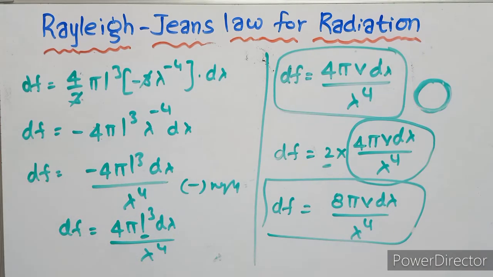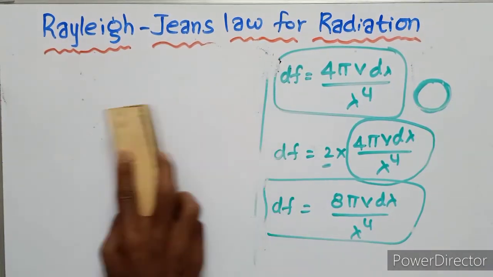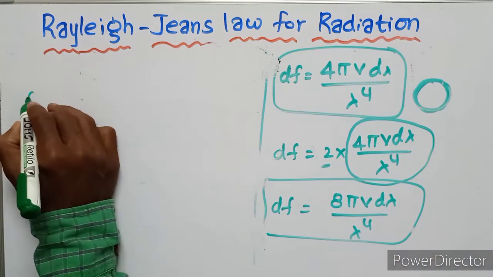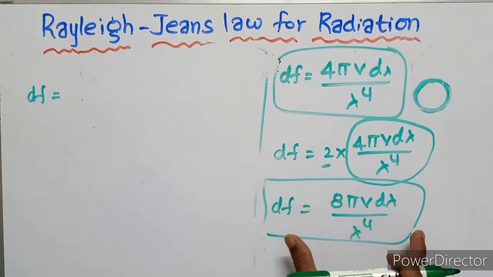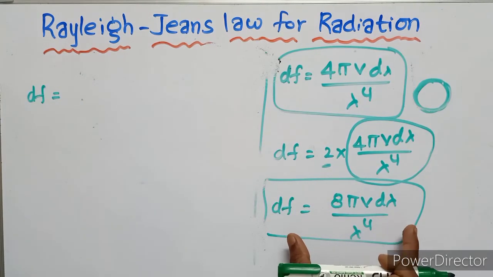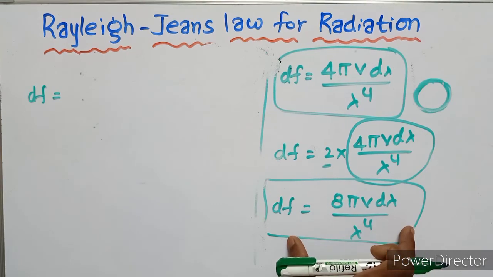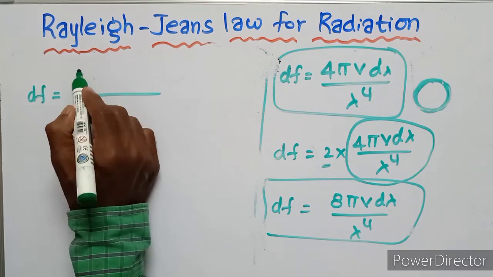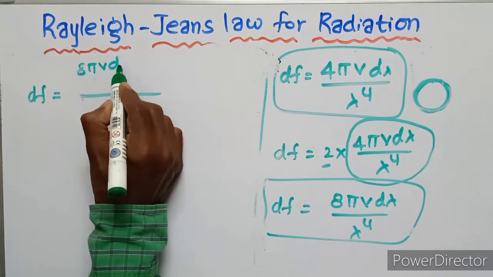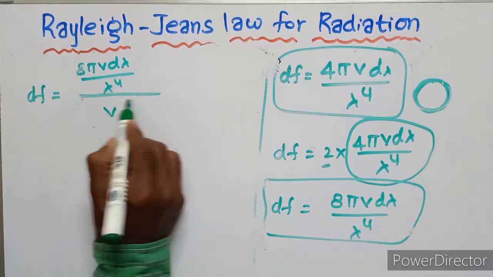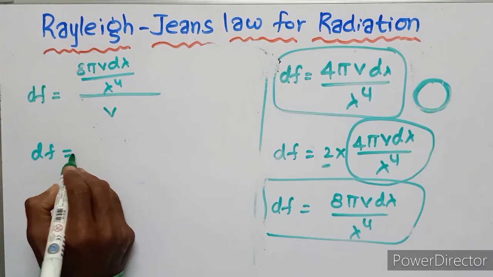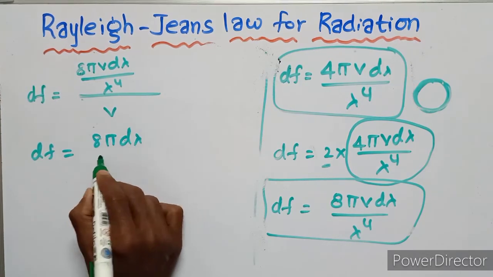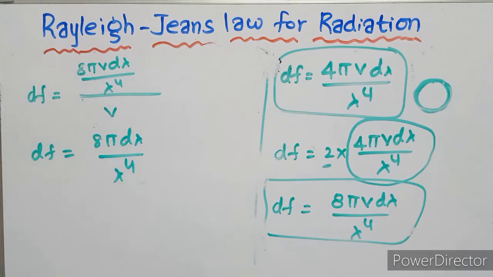So now we have to derive the total number of vibrations per unit volume. That is dF equals the total number of vibrations divided by the volume V. So 8 pi V d lambda upon lambda to the power of 4 upon V. Here V cancels, and dF equals 8 pi d lambda upon lambda to the power of 4.